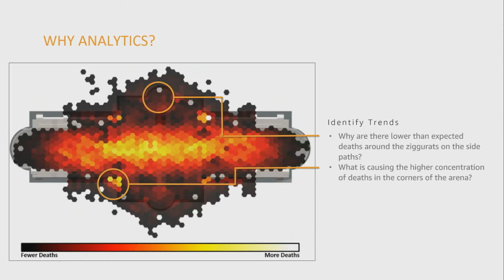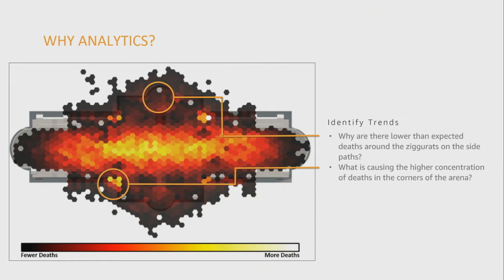So we talked about creating this virtuous cycle of making better game design. And I want to go into some more specifics. What we have here is a heat map generated off of data from a third-person shooter game.